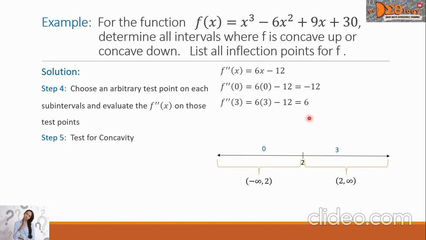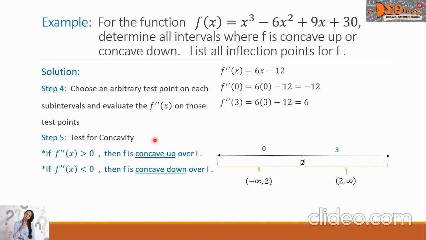Now step 5. Let us test for concavity. We say that if the second derivative is positive, then the function is concave up over that sub-interval. Also, if the second derivative is less than 0, or say negative, then f is concave down over that sub-interval.